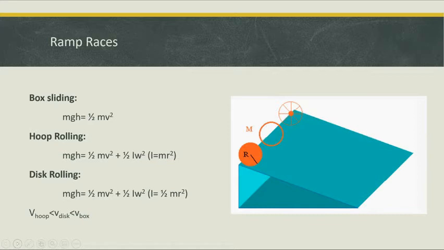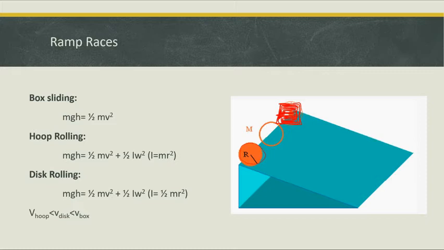So imagine we have a hoop right here. We have our solid sphere right here. This is going to be our disk. And instead of this object right here, we're going to end up having a box, a wood or a solid box right here. So we have our box sliding, we have a hoop rolling, or we have a disc rolling.